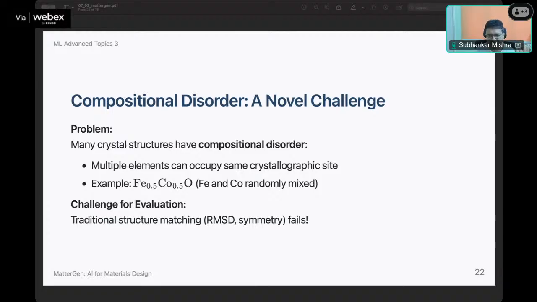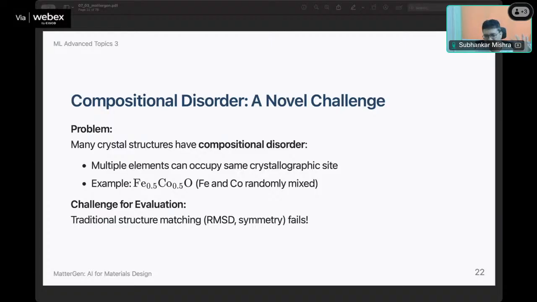This randomness is very hard to represent or evaluate. You can probably feel it more than me; I can only understand the terms. Okay, there's a random anomaly in the material structure. In that particular structure, sometimes iron comes, sometimes cobalt comes. So now, how do we handle this?